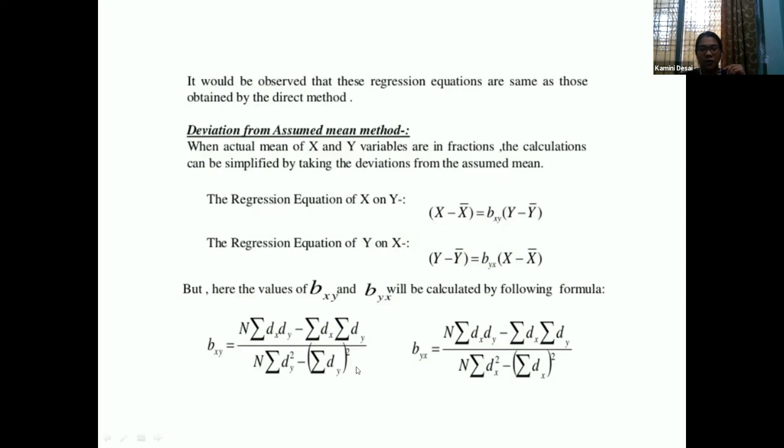For that we need all these expressions. This x bar and y bar is the actual mean, but for calculating the differences we are assuming a mean.